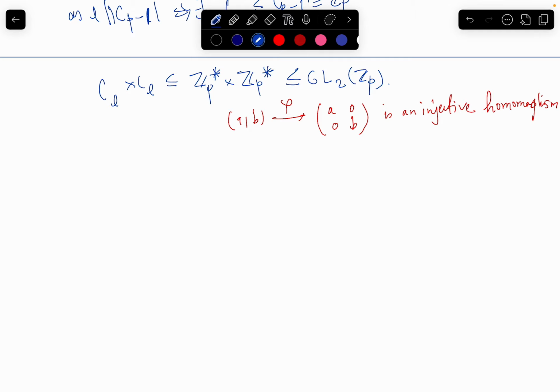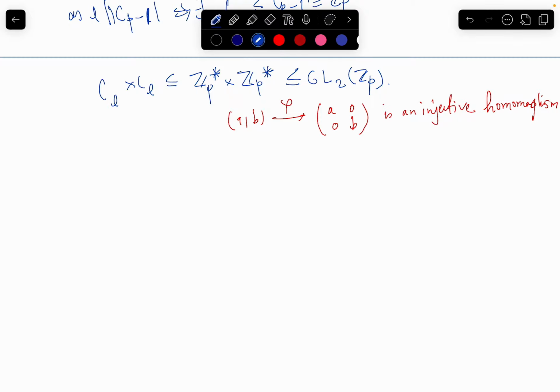That means there is an identification of an element (a, b) of Z_p star cross Z_p star with the diagonal matrix.